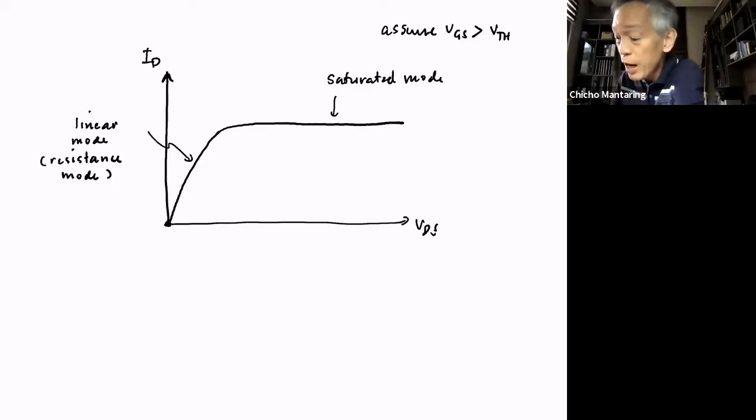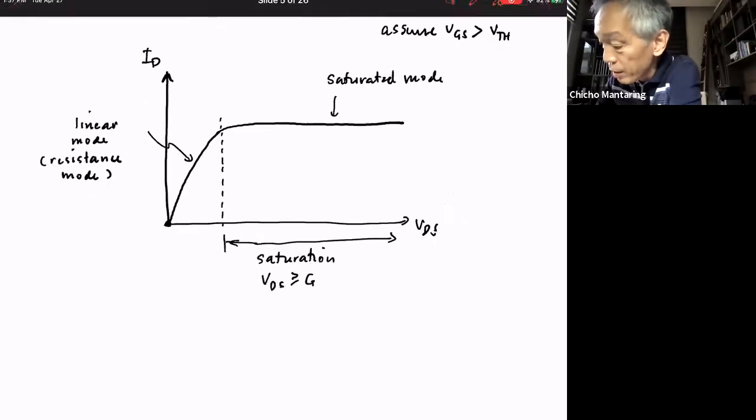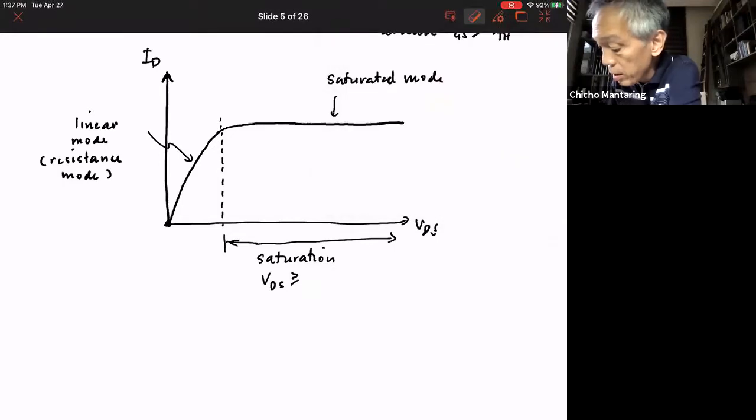Okay. So at what point does it change? When does it go into saturation? It goes into saturation here when VDS is greater than or equal to VGS minus VTH.